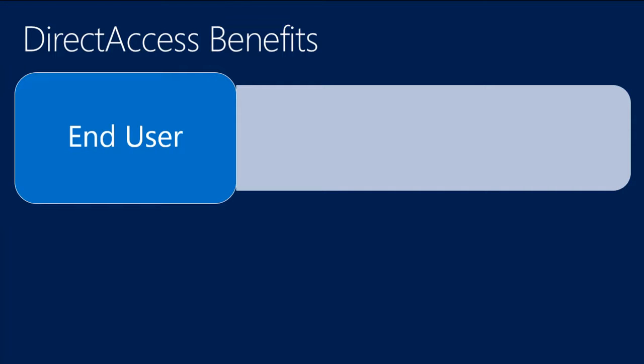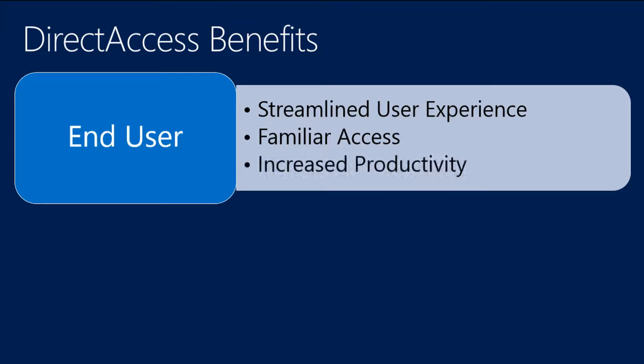So some of the benefits of Direct Access. From an end user perspective, it provides a streamlined user experience and familiar access. Users access their data and their applications in exactly the same way, regardless of where they are. So you don't have to retrain users. If they're using single label host names to get to your web application servers, they can continue to do so even when they're outside the office.